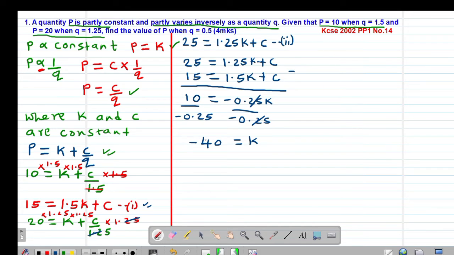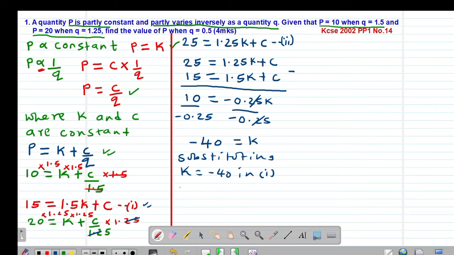Then I'm also going to get the other constant, which was c, by substituting in my equation Roman 1. So I'm simply going to say that substituting k is equal to negative 40 in equation Roman 1, I'm going to get the following.